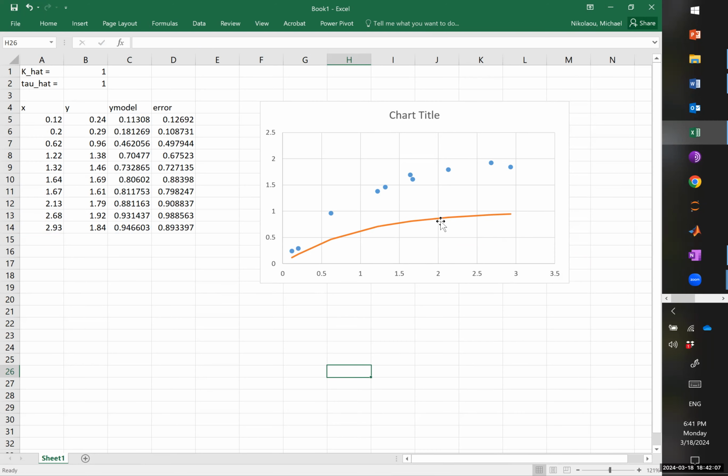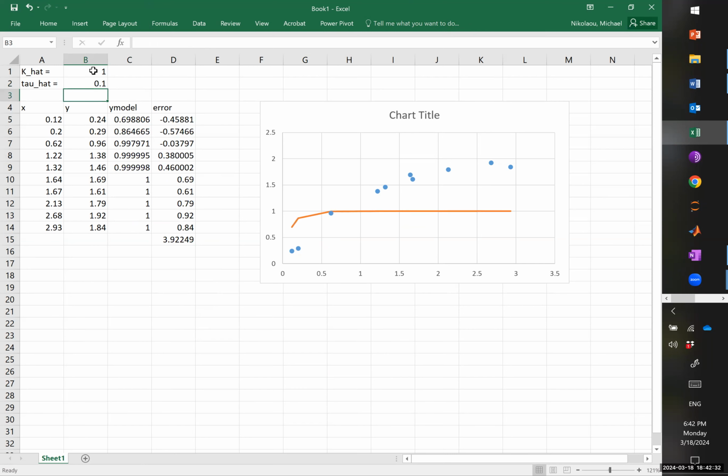Clearly, it doesn't fit the data well because I started with something arbitrary. I have the errors, so I can construct the sum of the squared errors, all of these, and I can try to minimize this. I could have done this by trial and error. I'll try something faster, 0.1 maybe.